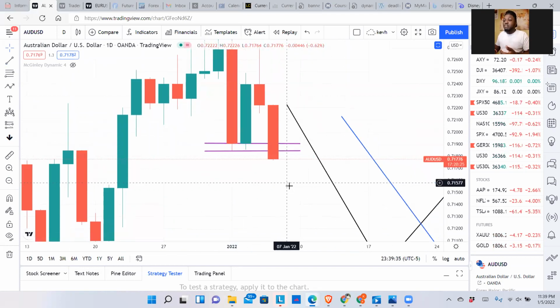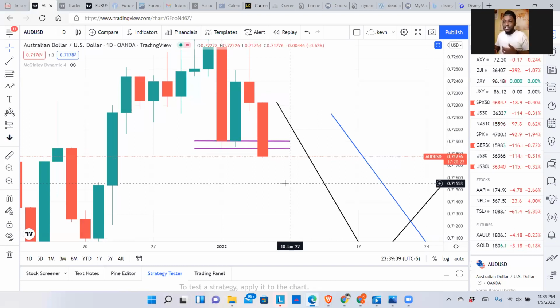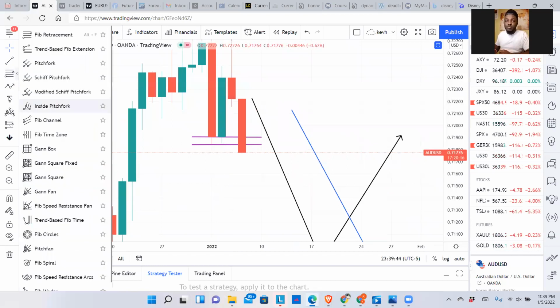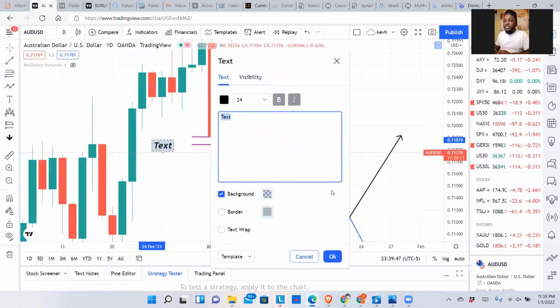We're always talking about break of structure, okay? There is a support level.